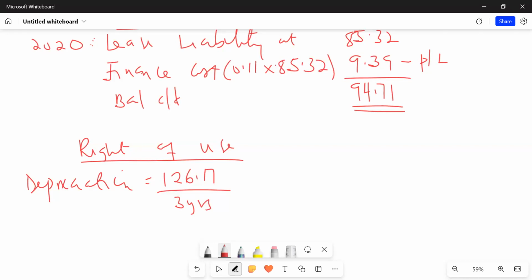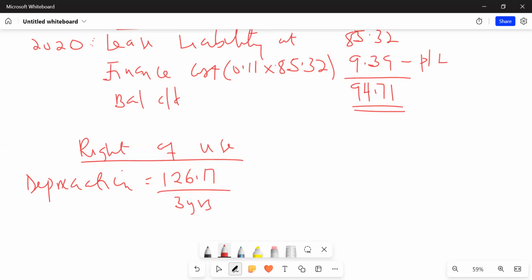There can be a question where the lessee uses a revaluation or fair value model for the right of use. If that is the case, you account for the right of use the way we account for property, plant, and equipment under IAS 16 when the company is using the revaluation model.